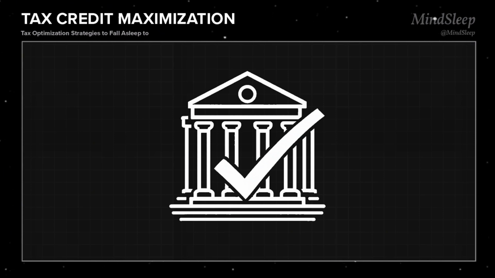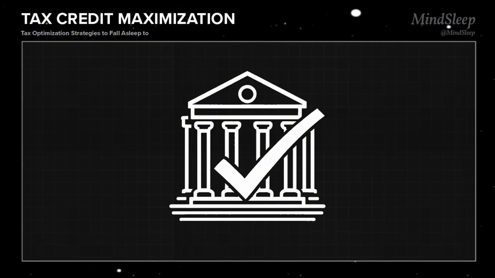The R&D credit, for instance, is designed to keep the United States competitive in global innovation. Energy credits aim to accelerate the transition to sustainable technologies. Understanding this broader context can help in anticipating future trends in tax credit policies.